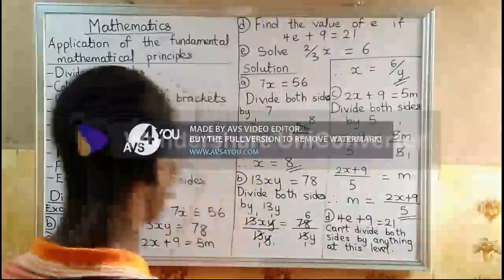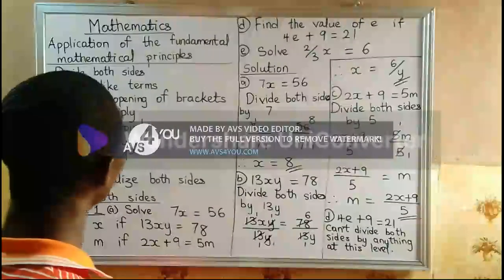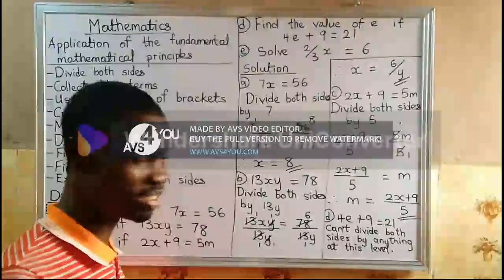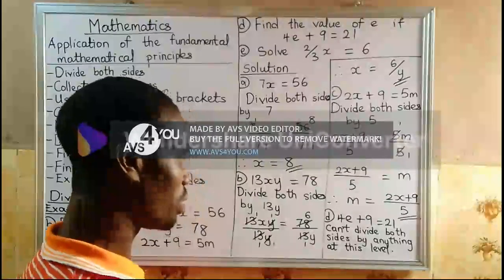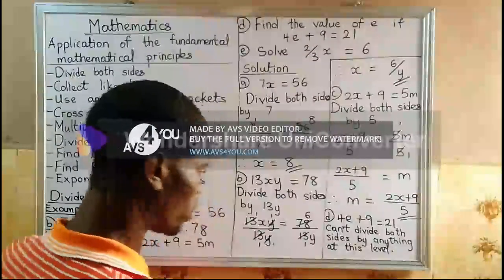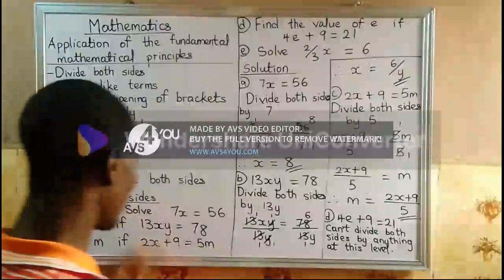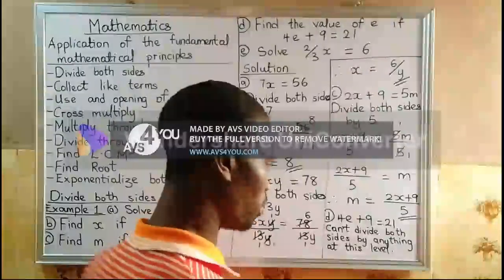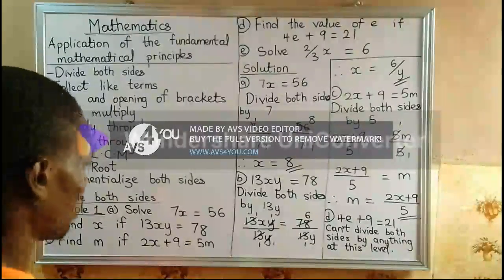What it means is that there must be another principle to be applied here, and you agree with me that principle is just to collect like terms. We are going there, and that's the next principle we'll be considering. But for the sake of this subtopic, divide both sides by, we just end here. We cannot divide both sides by anything at this stage. Okay?